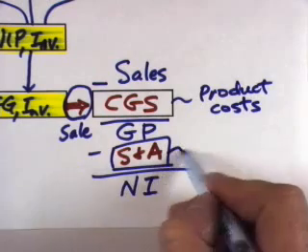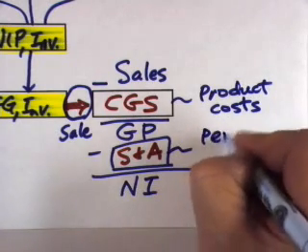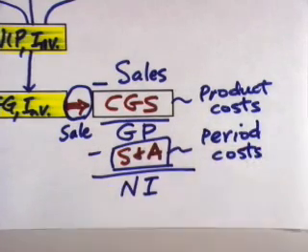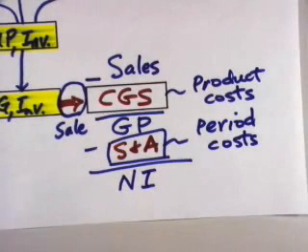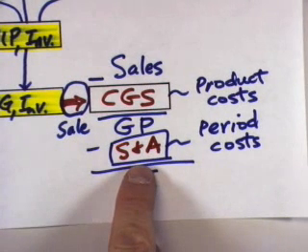But the other non-product costs on the income statement are called period expenses or period costs. And the reason that they are called period costs is because they arrive on the income statement at the end of the period.